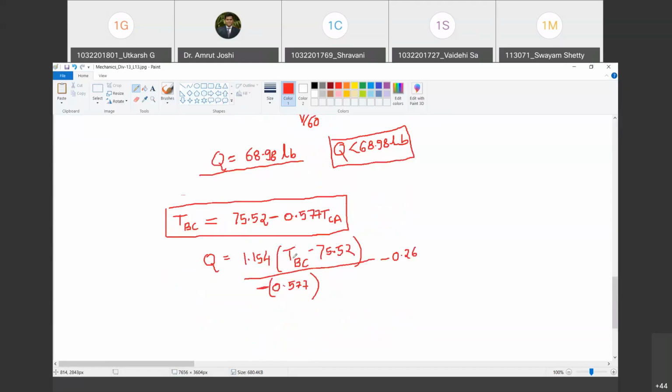Now, what is the value of TBC? TBC can reach only up to 60. Do you agree with me? So I will substitute the value of 60. Either cable can reach a value of 60 pounds.